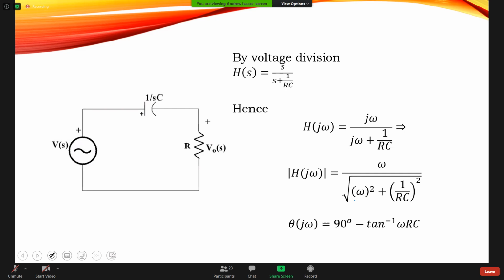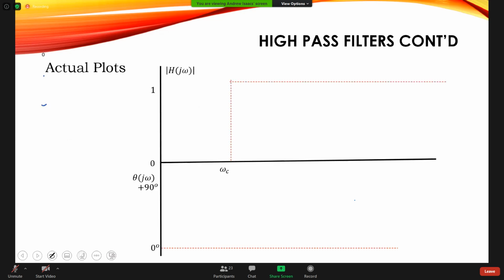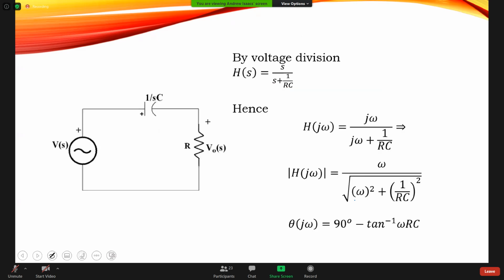But as before, we have here, for the amplitude, as omega tends towards infinity, based on the equation we have for the amplitude, it means that this will be tending towards 1.